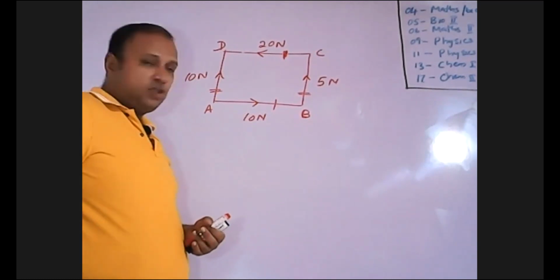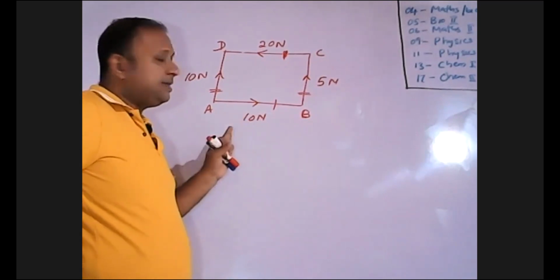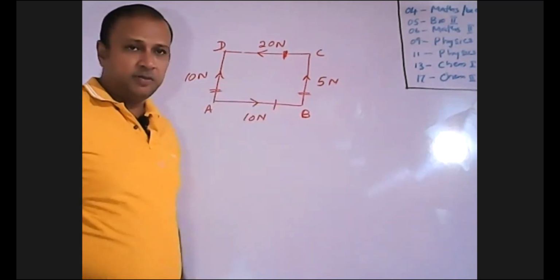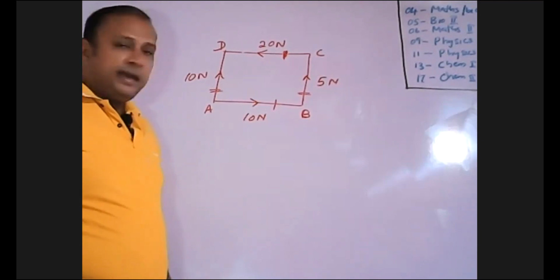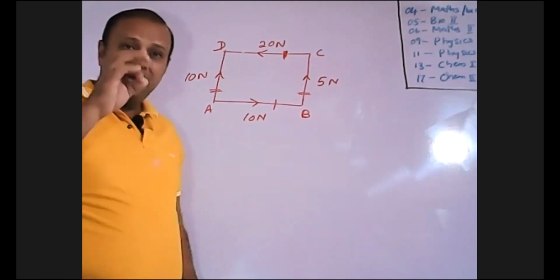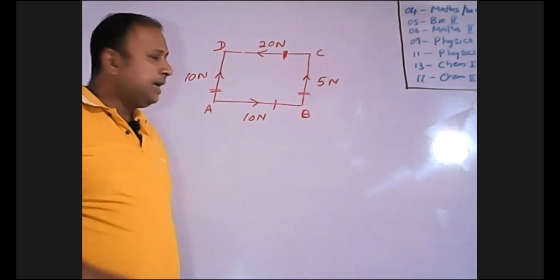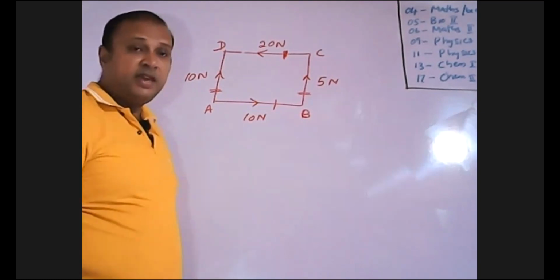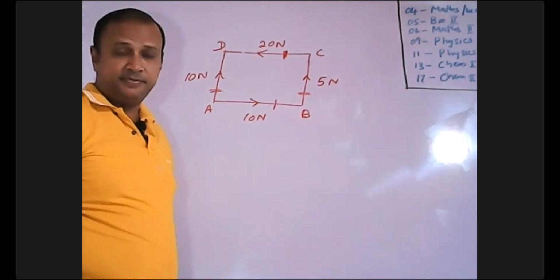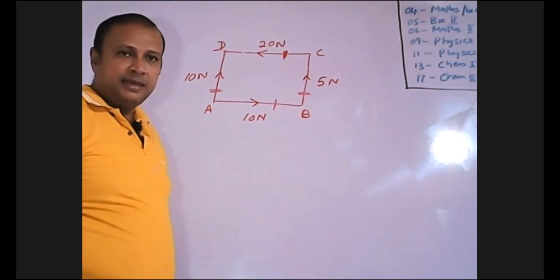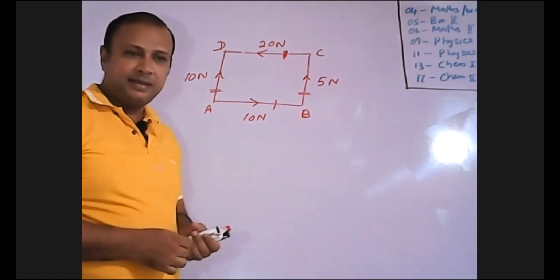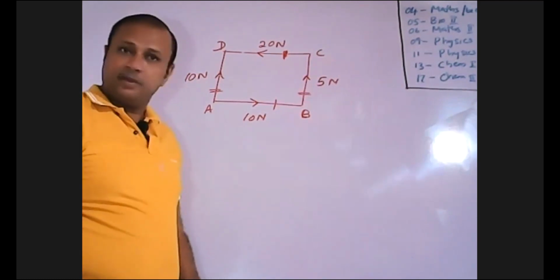Actually, the reason for giving this kind of vector system is that we have to get the directions only. That's why we are given this kind of vector system. Okay, that is another type of question.